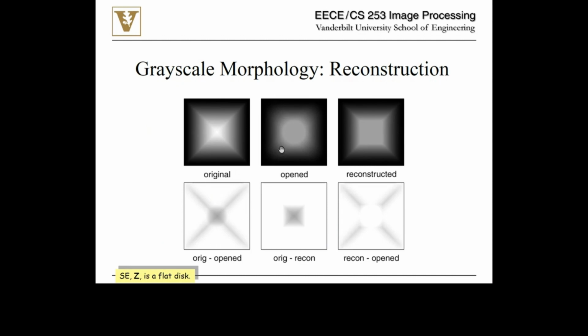You can see that the open one is more dissimilar to the original than the reconstructed one. The reconstructed is almost the same as the original, except at the peak. The peak has been lost, but the opening had also lost all this X shape.